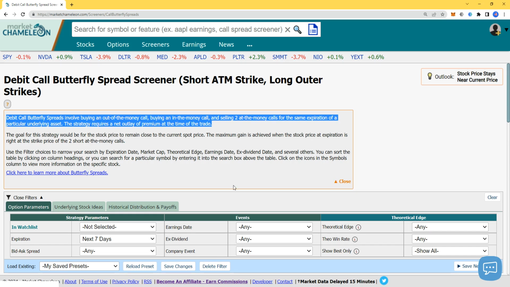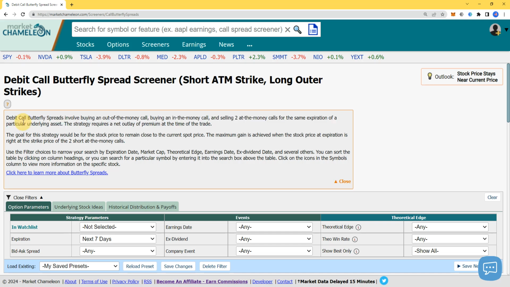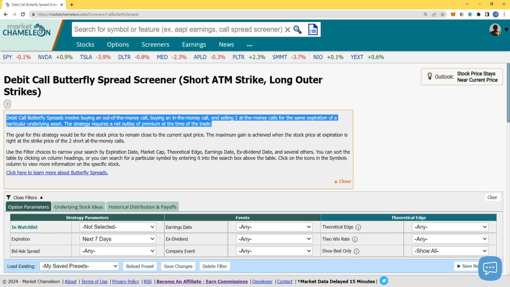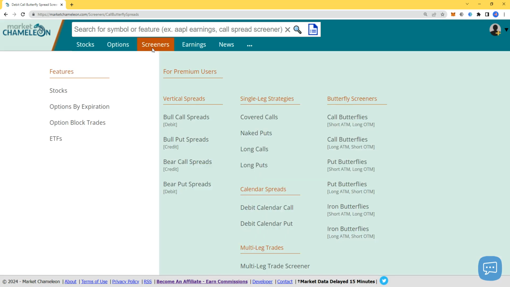Okay, so with that being said, let's read this and understand. I'll try to give you a simple example after this. But just so you know, what is an Iron Butterfly? It doesn't mean to sound so scary or complicated. It's basically a simple thing. For this specific screener, before we even read, you're gonna go to screeners right here once you're a member and pick the first one.